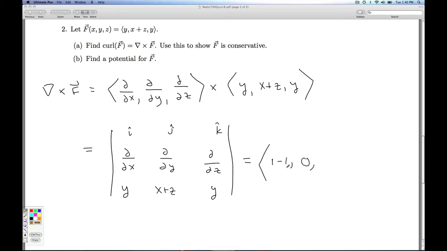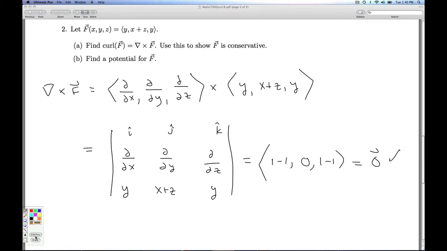So we get a big old 0 there. And wipe out the row and column the K is in. We get 1 minus 1 there, and that simplifies to 0. And as we stated before, since the curl is 0, and all these things have continuous first partials, we have that it's conservative. Okay.